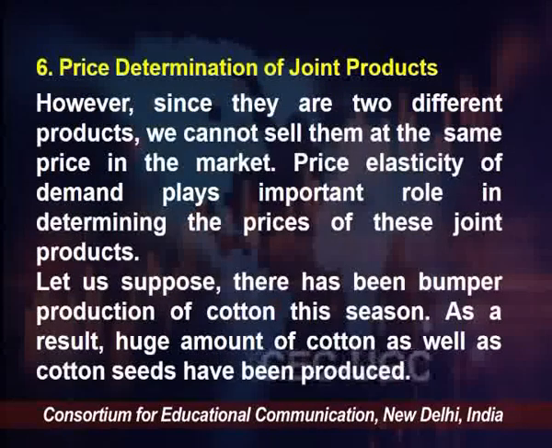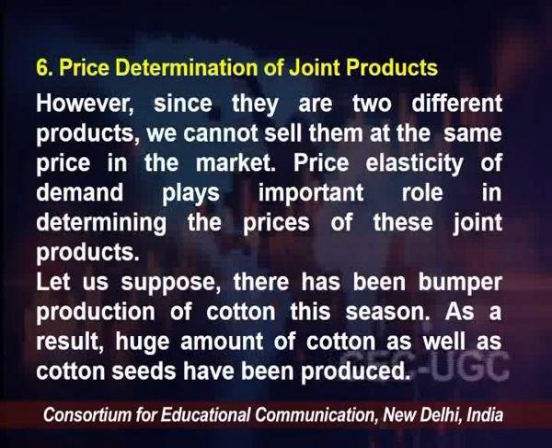However, since they are two different products, we cannot sell them at the same price in the market. So price elasticity of demand plays a very important role in determining the prices of these joint products.